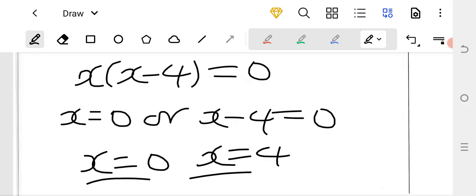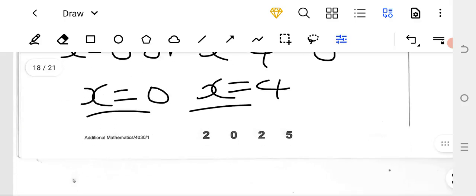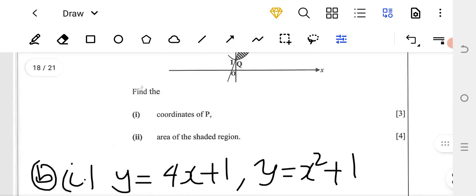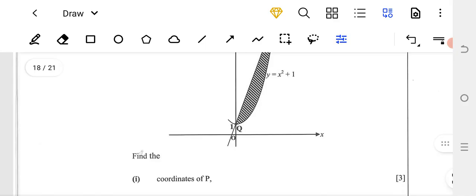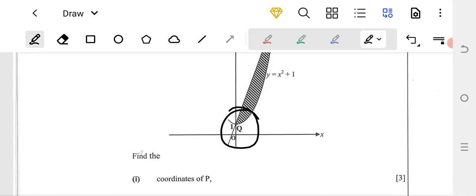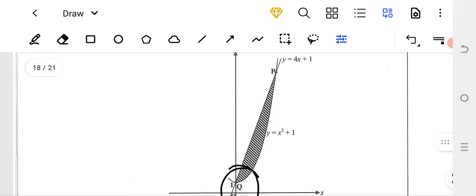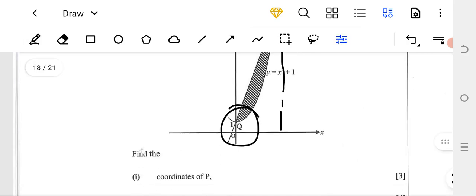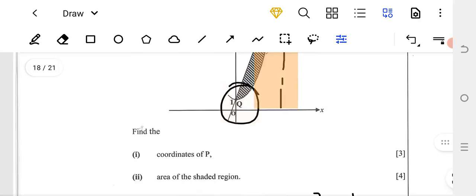So x is equal to 0 or x is equal to a 4. So we don't want the one where x is equal to 0, because we already know here x is equal to 0. We want where they are saying x is equal to a 4, because here, of course, it's going to give you a coordinate there, as you can see.